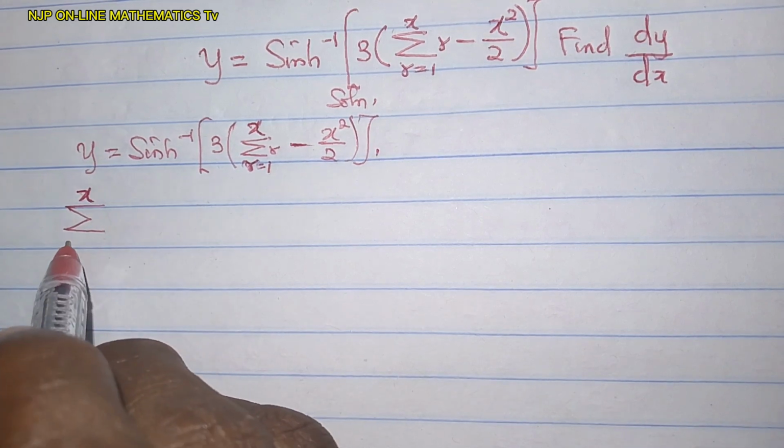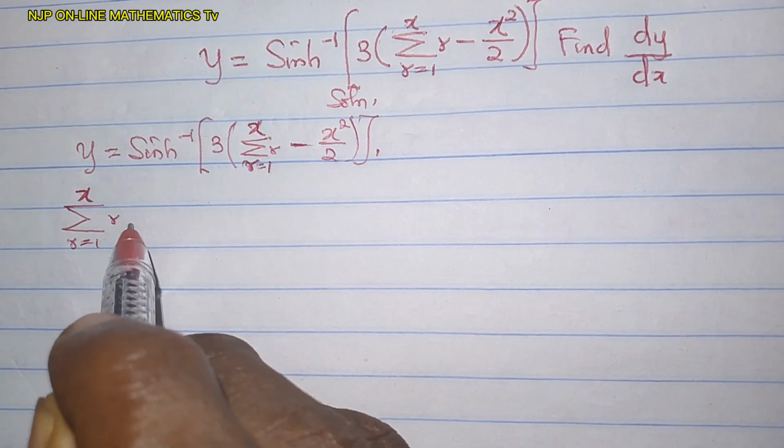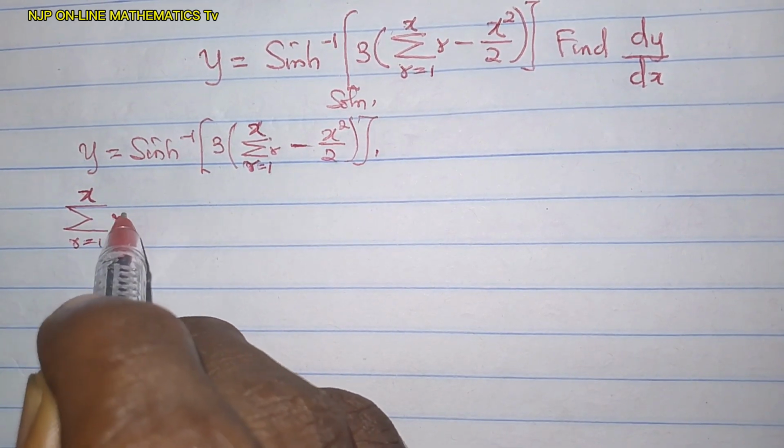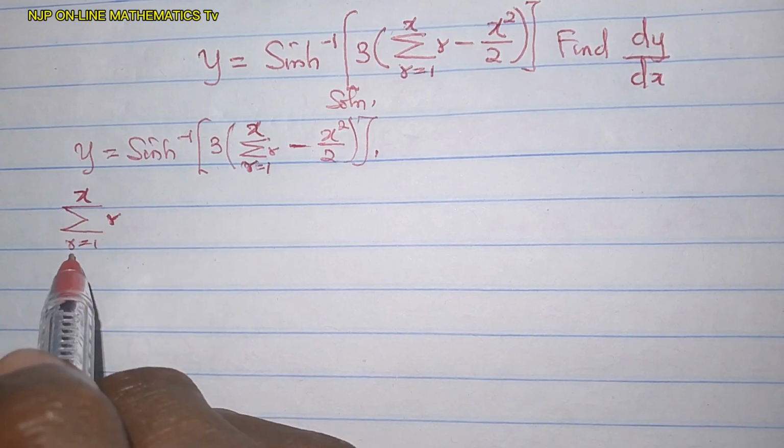First of all, we are considering the sum of the x terms of r, which ranges from r equals 1. We have to find the expression for the whole of this.